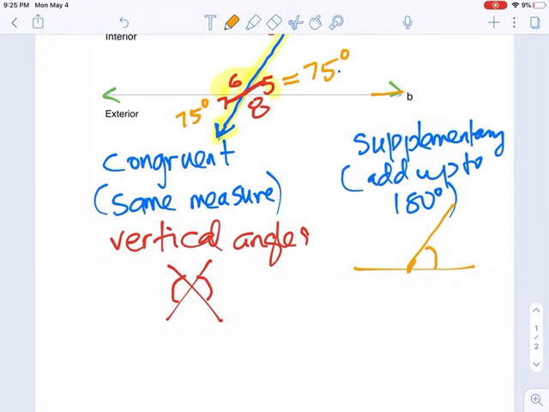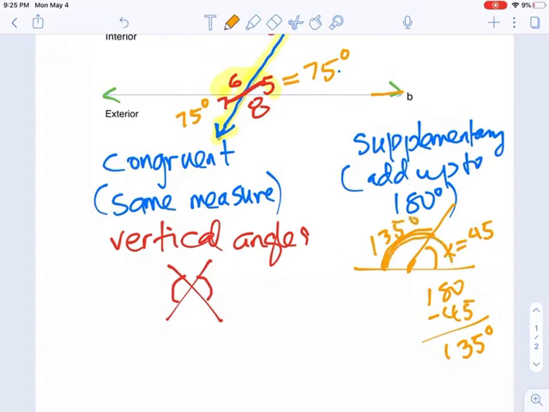So if I know that x here is 45, this angle will have to be 180 minus 45, which gives me 135 degrees, and both of them add up to 180. We call these linear pairs, and they are supplementary because they add up to 180.